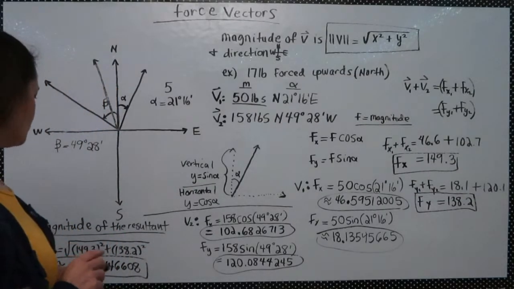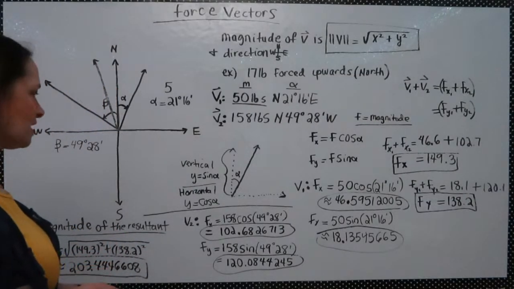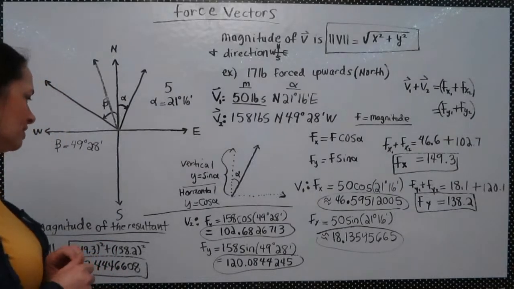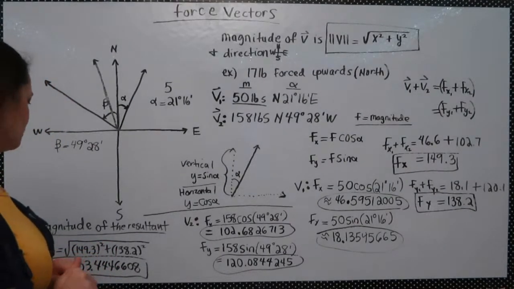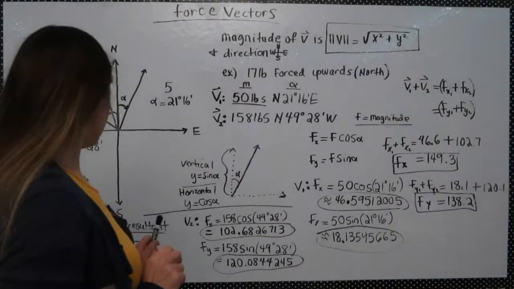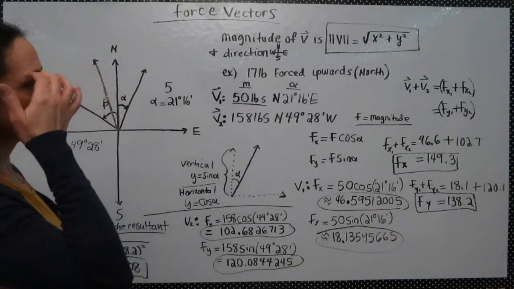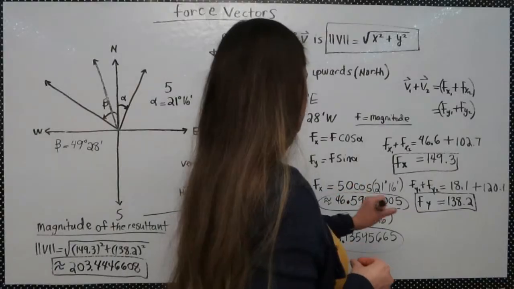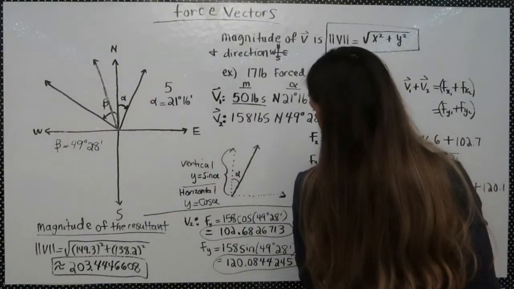And so we want to make sure you have the sine over the cosine to calculate that angle correctly when you enter it into your device. So it looks like I have here the x is 149 and the y is 138.